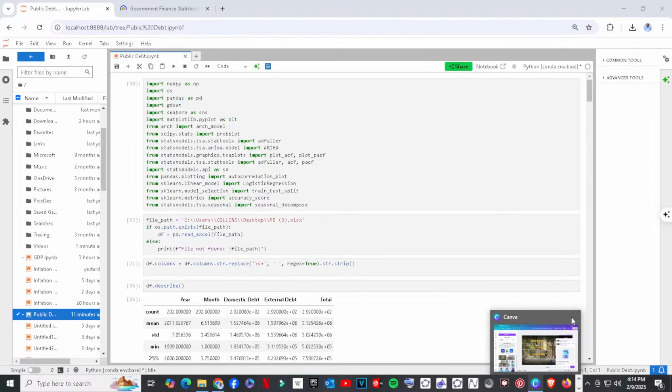So we must ensure first that we sort out matters better before we continue. So it's loading, we wait for it to load.